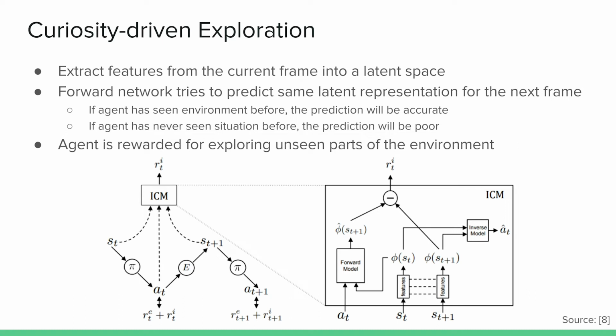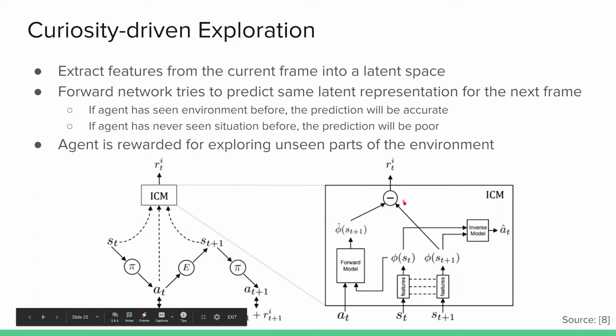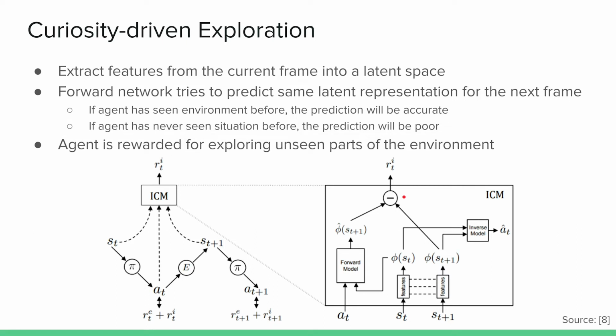that way, what happens is that when the agent is in an environment where it has been before, the prediction of the next state will be quite accurate because it has already seen this before, so it knows how the environment will look a little bit into the future. Therefore, when we take the difference between these two things and use that as an additional reward, we will see that if it has already seen this before, the reward that it gets from this component will be low.